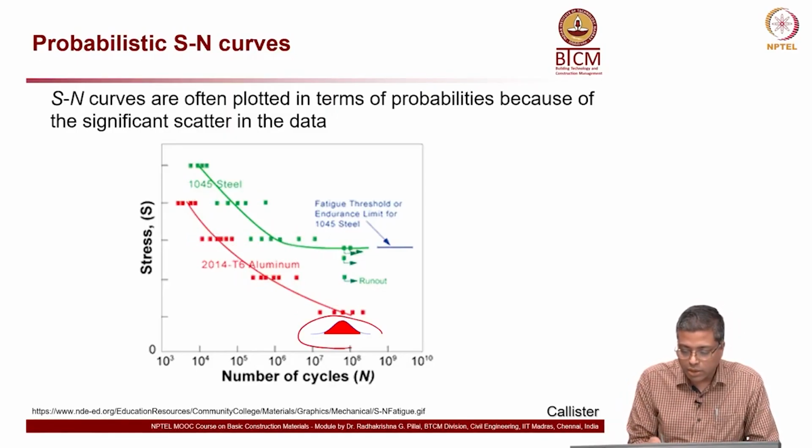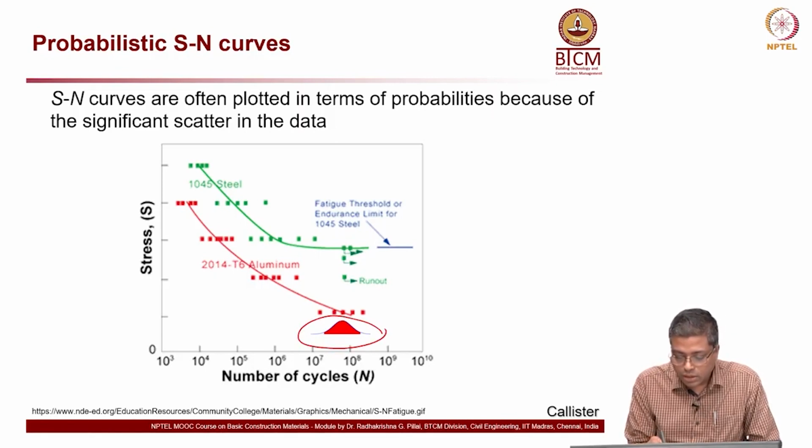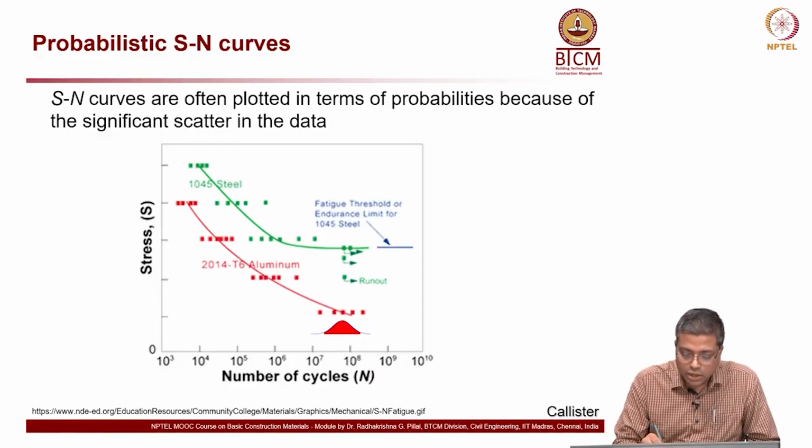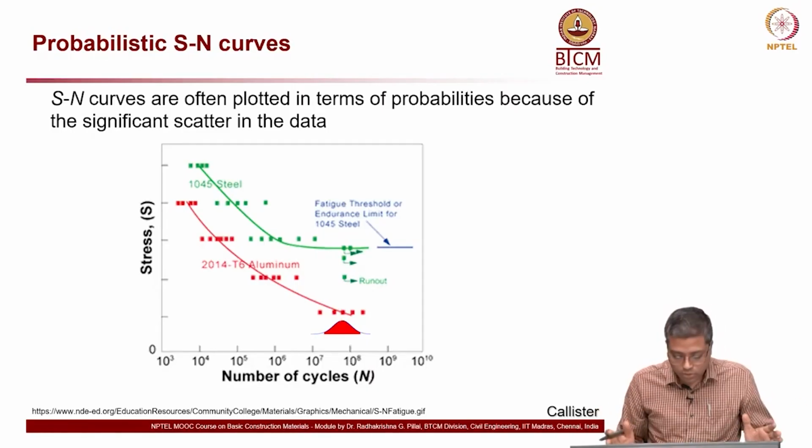So, probability based curve. For example, here I can say this is probably the mean value and then the graph is going something like this. That is what I draw here. So, there is a mean value associated with the data and also the probability or the scatter. Okay.